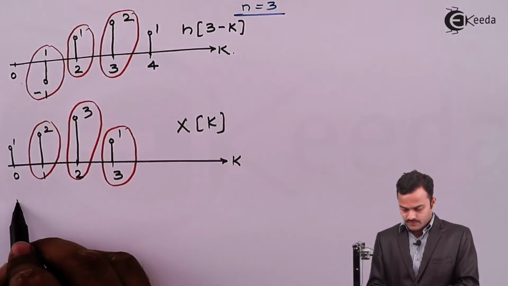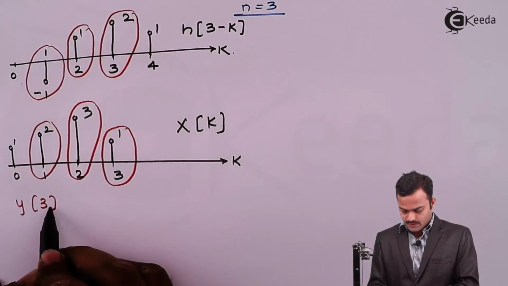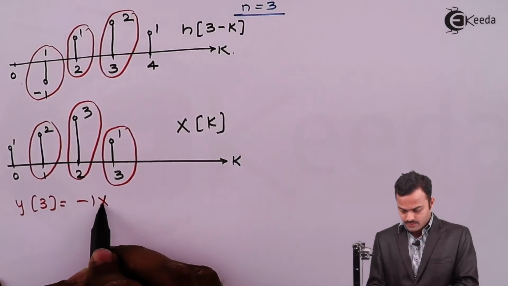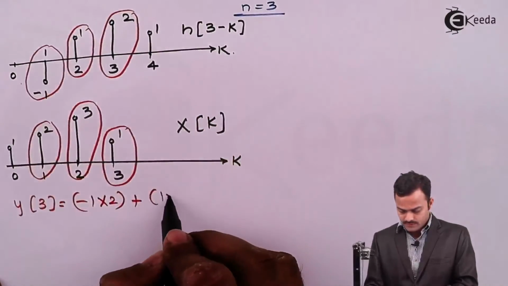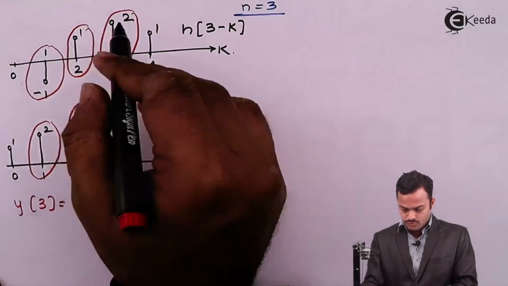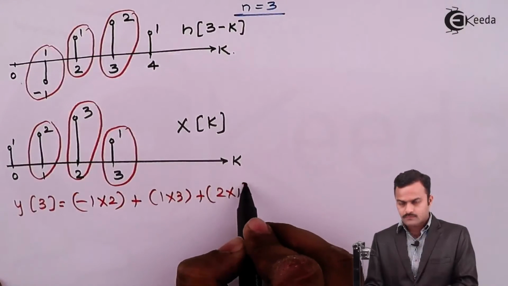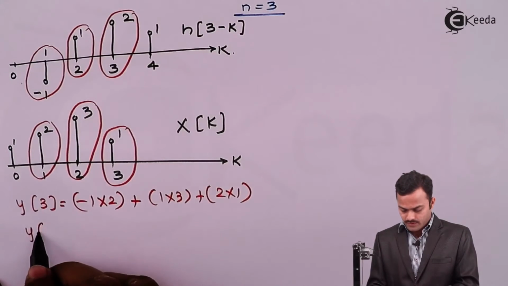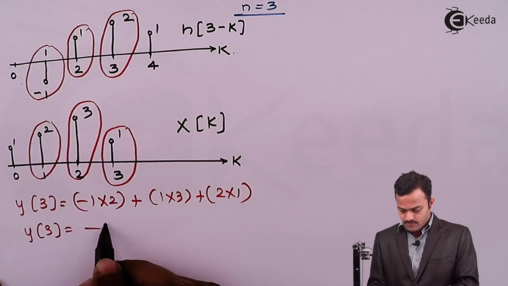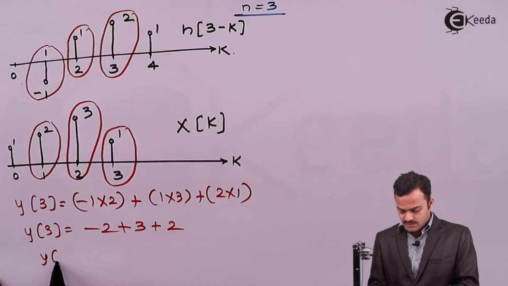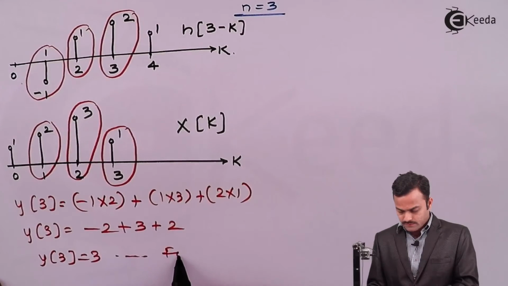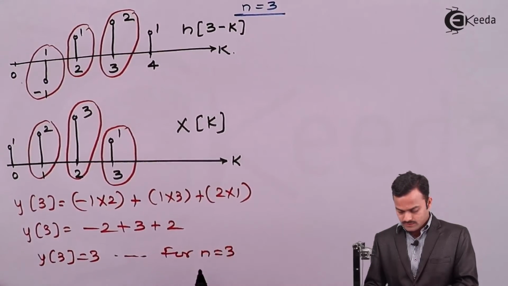And if you solve, we'll get y of 3 as minus 1 multiplied with 2 plus 1 multiplied with 3 and 2 multiplied with 1, so y of 3 is minus 2 plus 3 plus 2. The answer is 3. This is for n equal to 3.